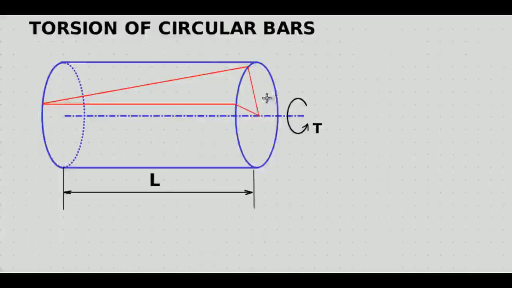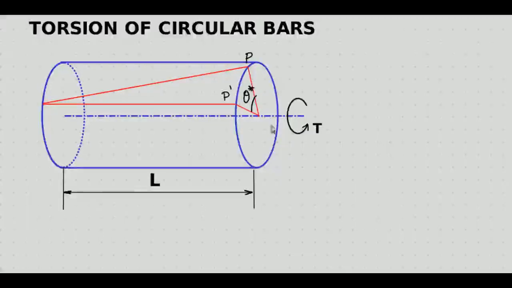And here the point P is moved from here to P dash due to torsion, due to the twisting. So the total rotation at this end is given as theta star.